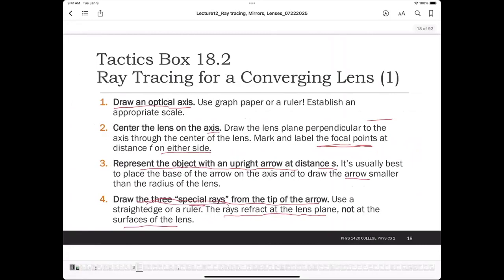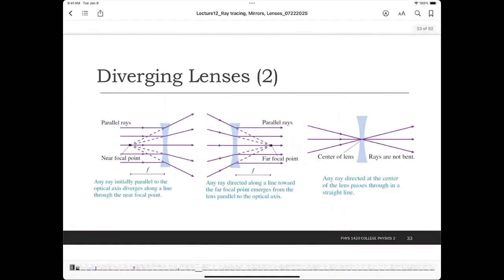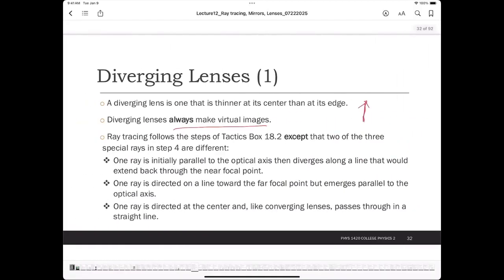Let's continue, because the only difference is that 2 of the 3 special rays in step 3 are different. Those are the 3 different special rays. One ray is initially parallel to the optical axis, then diverges along a line that would extend back through the near focal point.